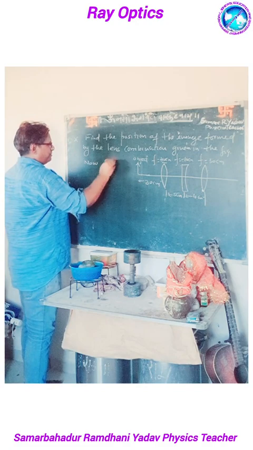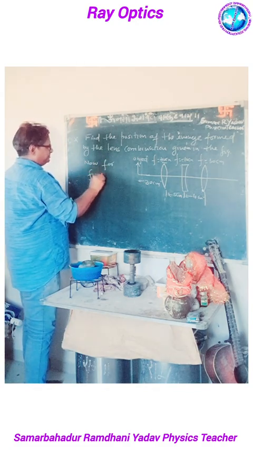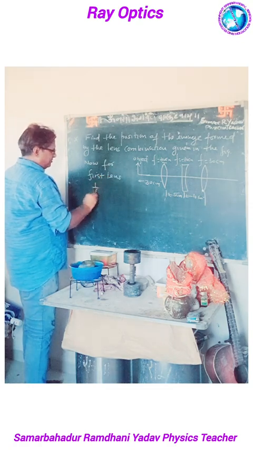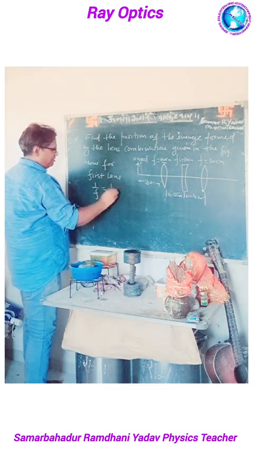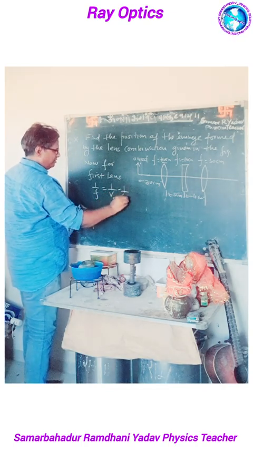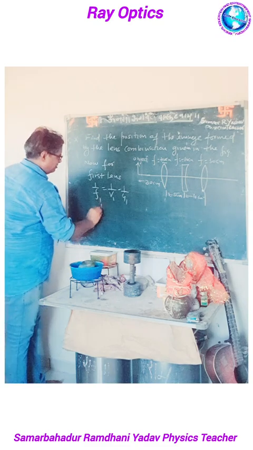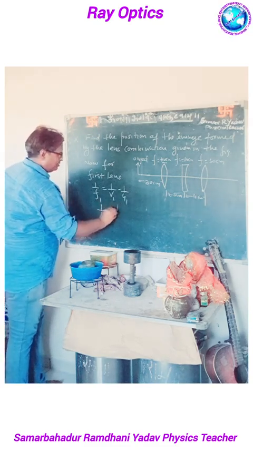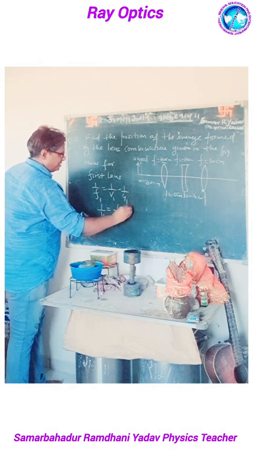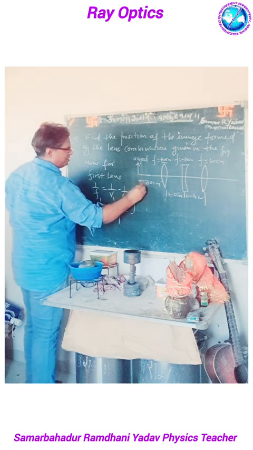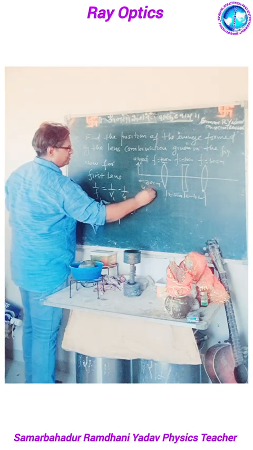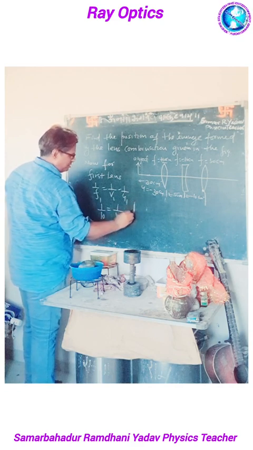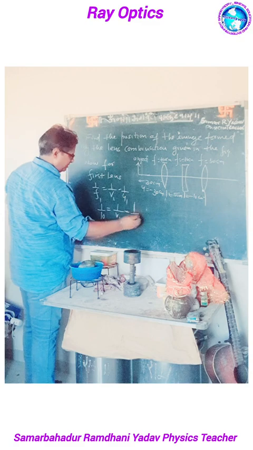Now for the first lens, 1 upon f is equal to 1 upon v1 minus 1 upon u. Therefore 1 upon 10 is equal to 1 upon v1 minus of, now the object is at 30 centimeter, so we can write u is equal to minus 30 centimeter. So minus of minus 30.